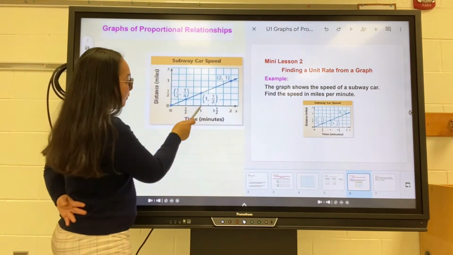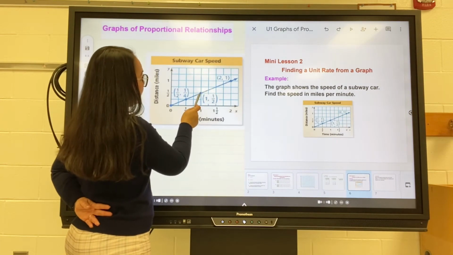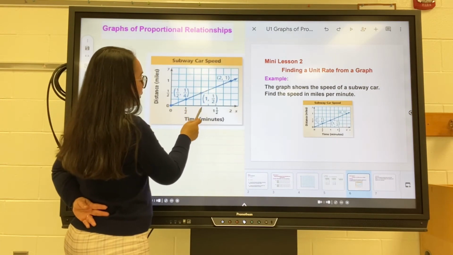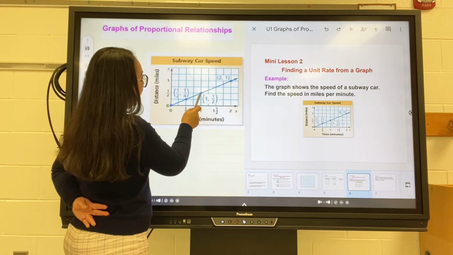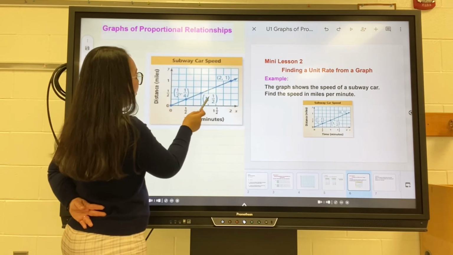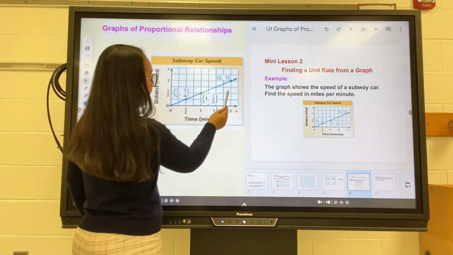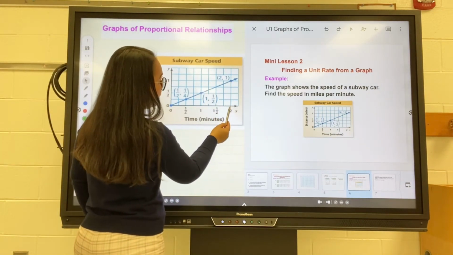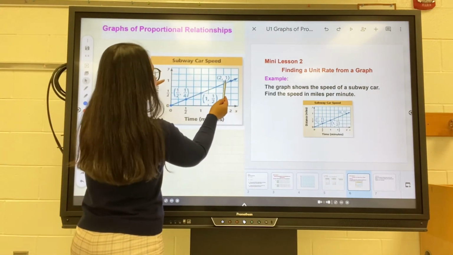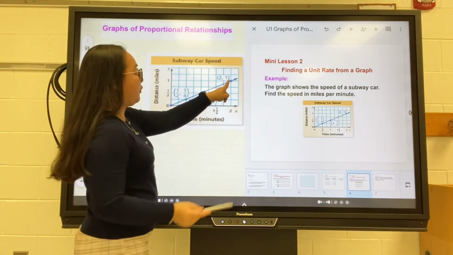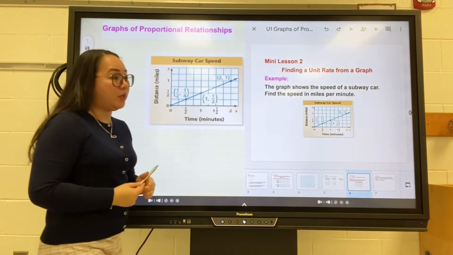The second ordered pair is this one. So it is plotted here. So it is 1 for the x, and then for the y is 1/2. Next, the third ordered pair, this point falls on 2 and also falls on 1. So the third ordered pair is 2, 1.